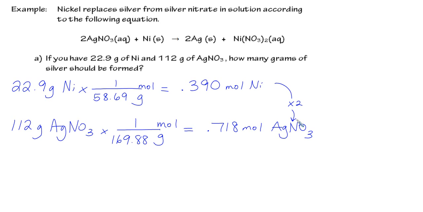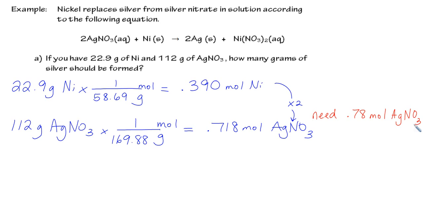Well, these aren't super crazy numbers. It's not a super crazy ratio. So, I mean, I could kind of do that in my head, or I could estimate times 2. So I need approximately 0.8, or exactly 0.78 moles of that silver nitrate. So I didn't do a huge calculation.